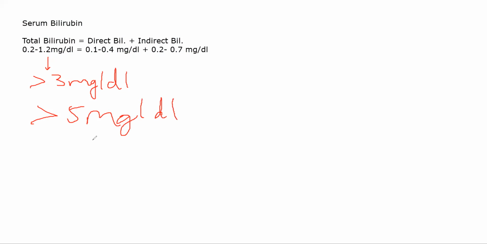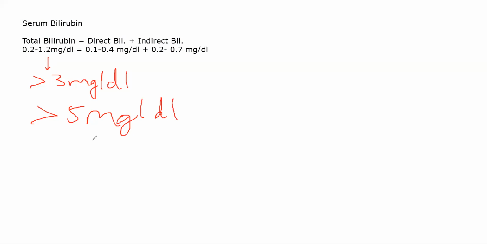At 5 mg per dl you might see all the signs of jaundice, or significant hepatic injury as well. That is variable depending on the cause of jaundice, whether pre-hepatic, hepatic or post-hepatic. Depending on that, you will see particular damage. But as such, there will be liver damage to a certain degree.